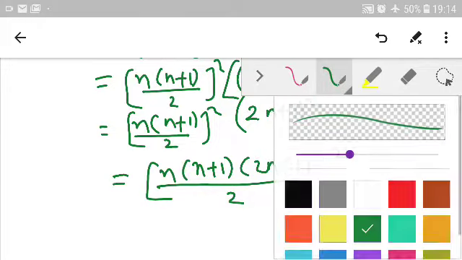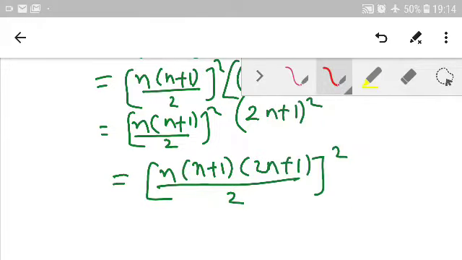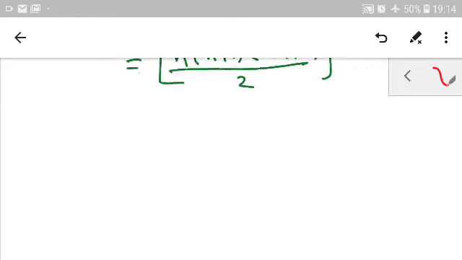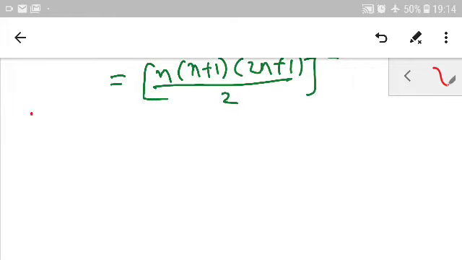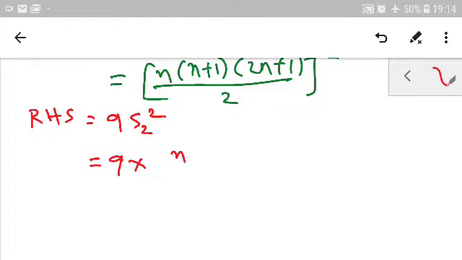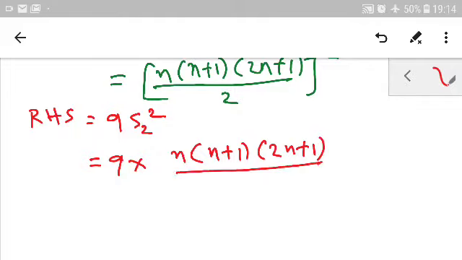Now let us try the other side. Our LHS is what, students? Our LHS is like this. Here it goes like this, that is 9 times S2 square. So if I put the values, this will be 9 times, in place of S2 I will write n into n plus 1 whole into 2n plus 1 divided by 6, its whole square.